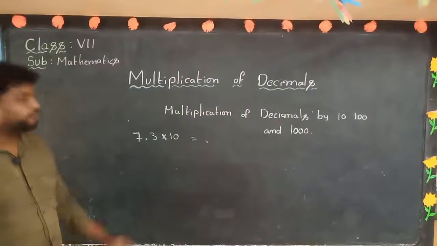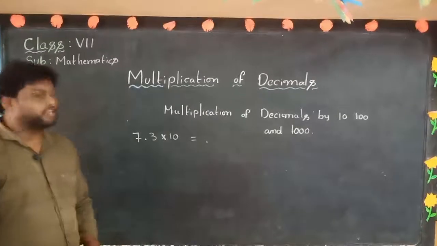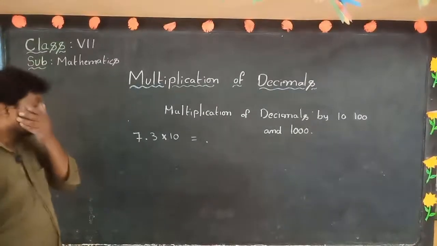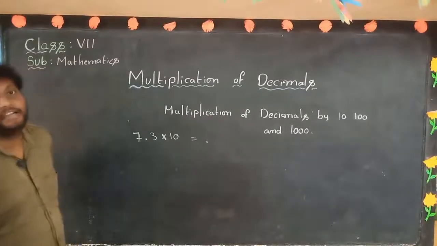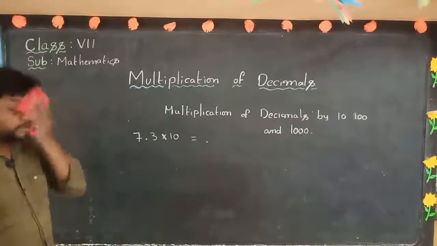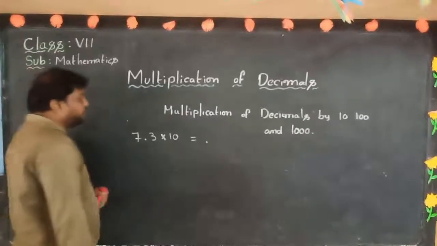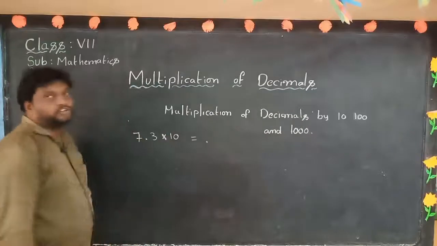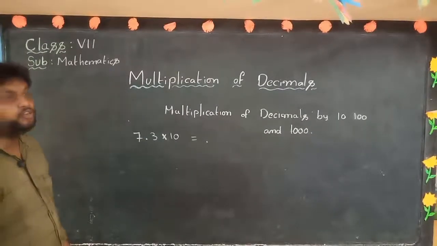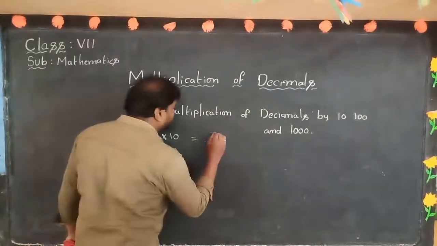What is the answer? For this also we have two methods. First we'll finish the general method and then go to the fraction conversion method. 7.3 means 73 into 10. 73 into 10 is nothing but 730.